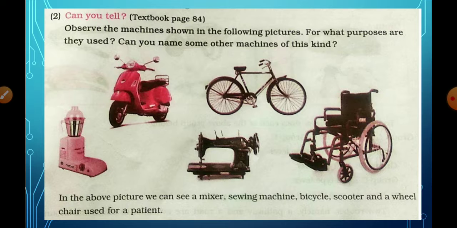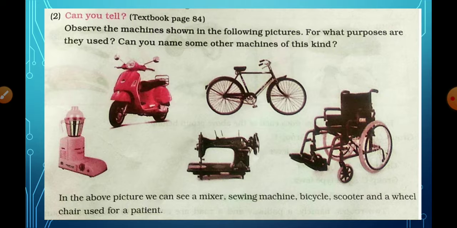First of all, see which pictures are given here: motorbike, cycle, sewing machine, mixer, and wheelchair. And what are the uses of these machines? For what purpose are they used? That we are going to see now.